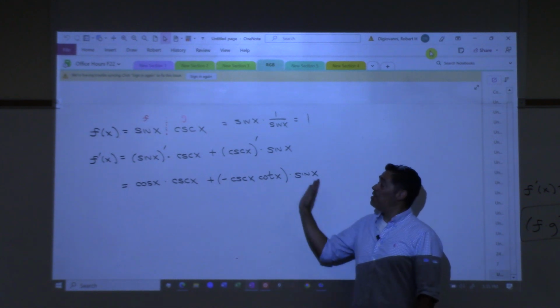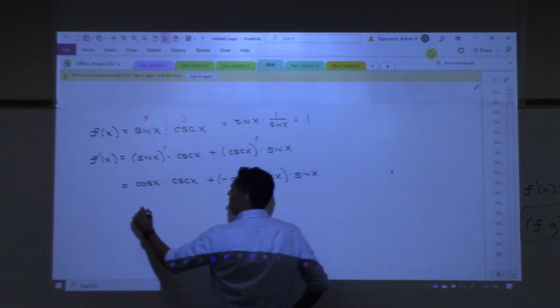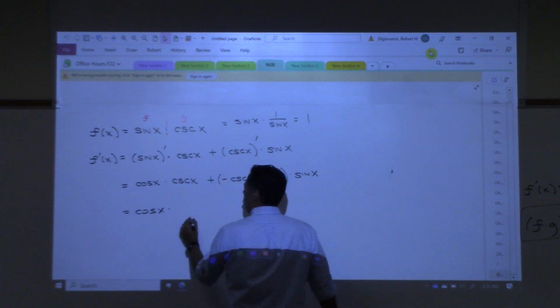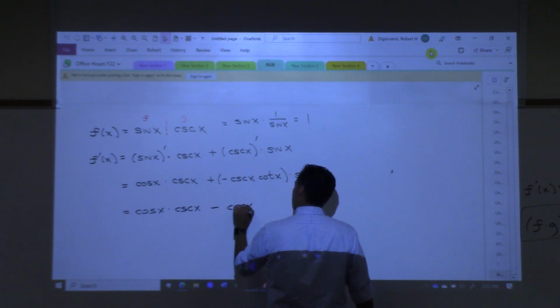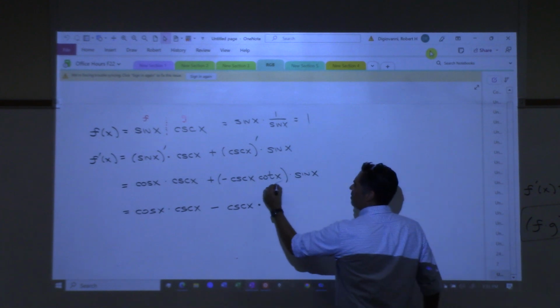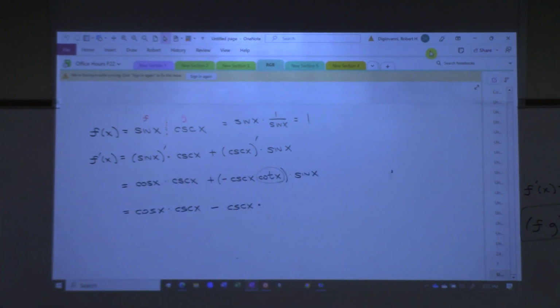So let's do some algebra and convince ourselves that this is actually 0. This is cosine x times, I'm just going to leave it as cosecant x. Then I'm going to change this to a minus. I'm going to put cosecant x, and because I kind of know where we're going here, what is the definition of cotangent? It's what trig function over what trig function?